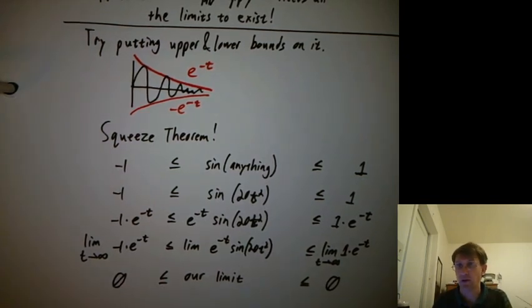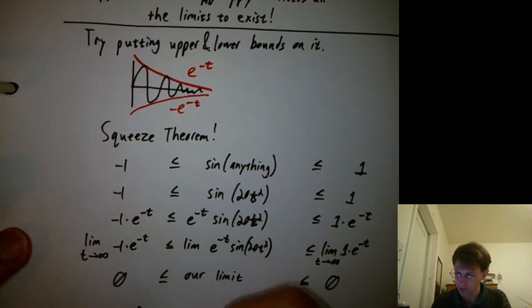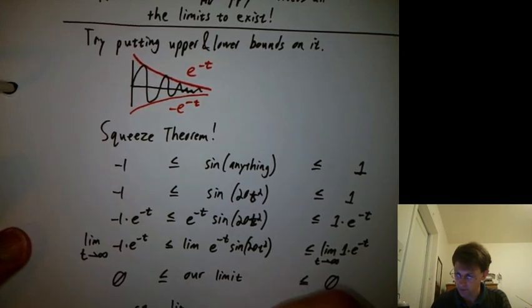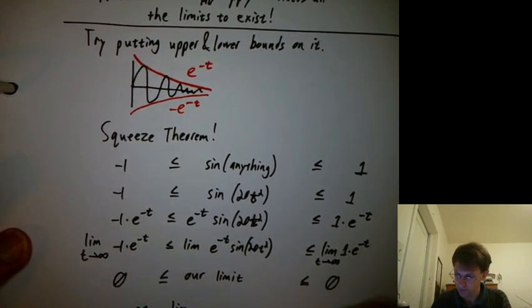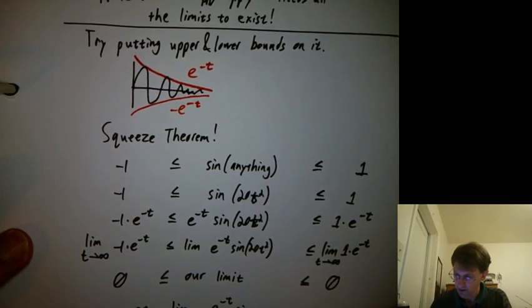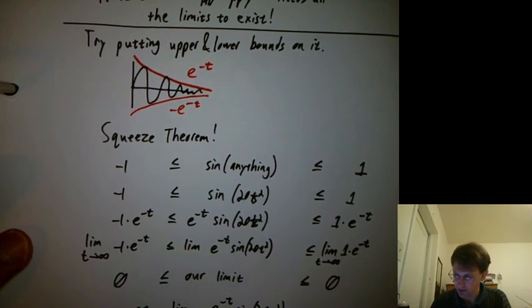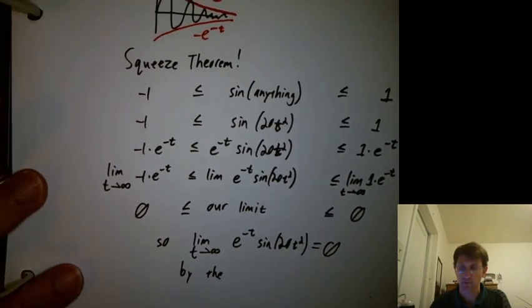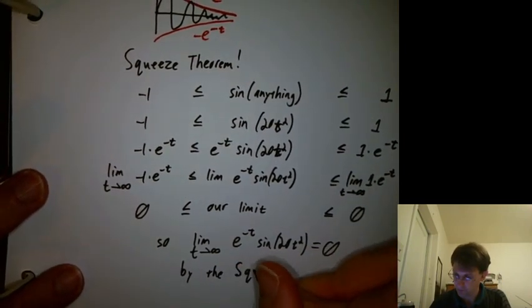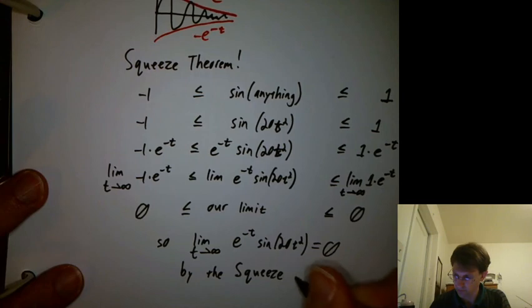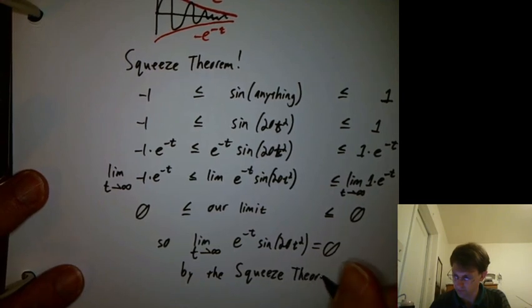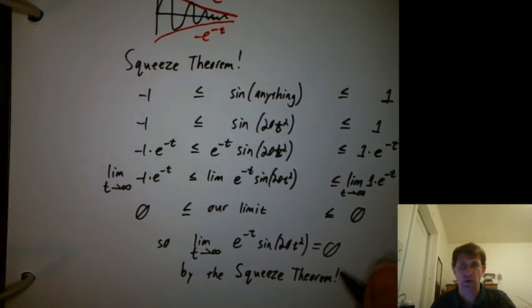So our limit must be equal to 0. The limit of e to the negative t sine 20t squared equals 0 by the Squeeze theorem. All right.